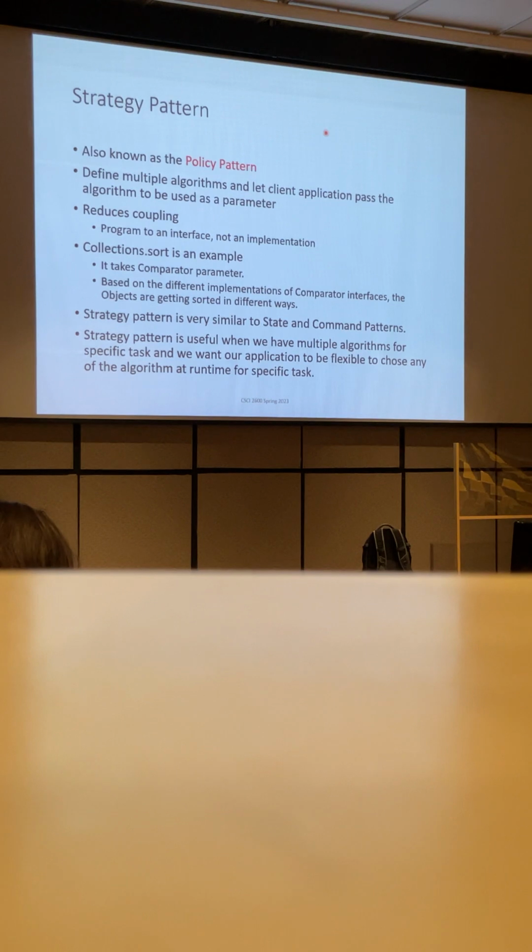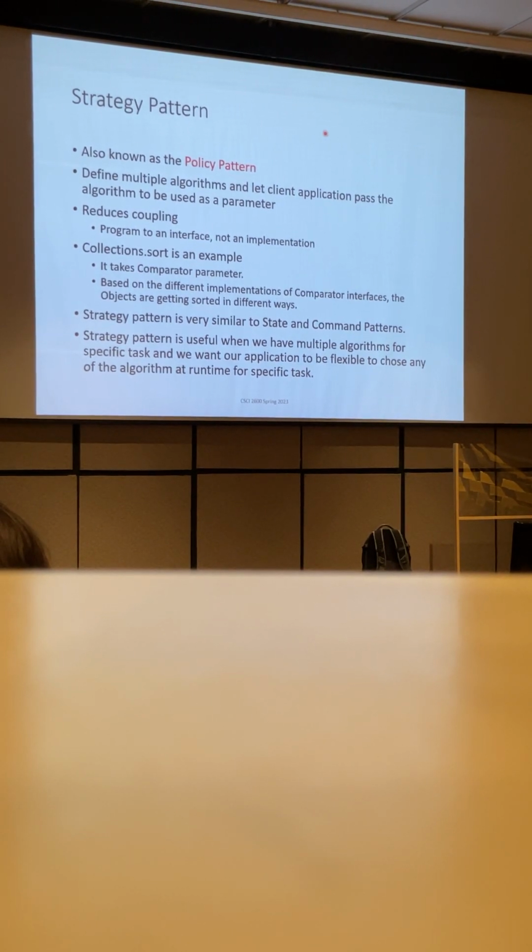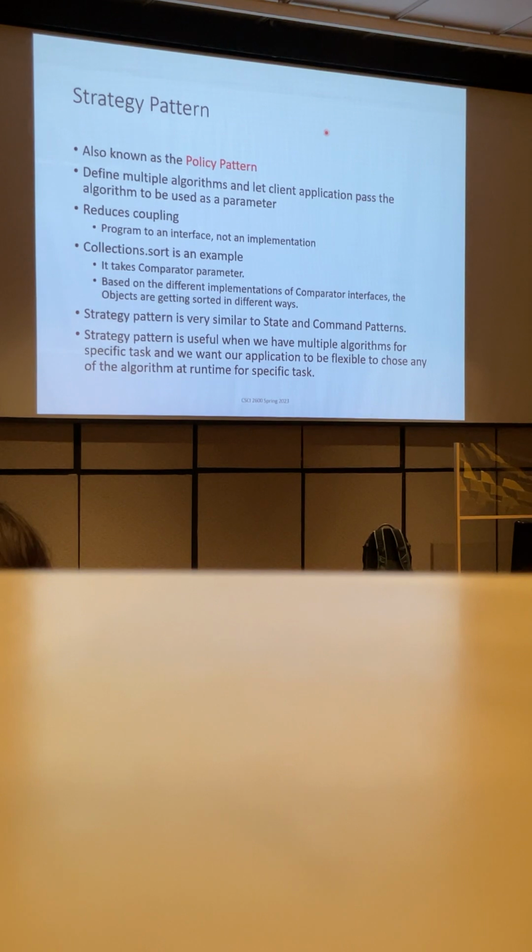So basically, we can have multiple algorithms that can be used by a client application, and we want the client to be able to select any of these algorithms. A good example from the standard library of this strategy pattern is the sort method.